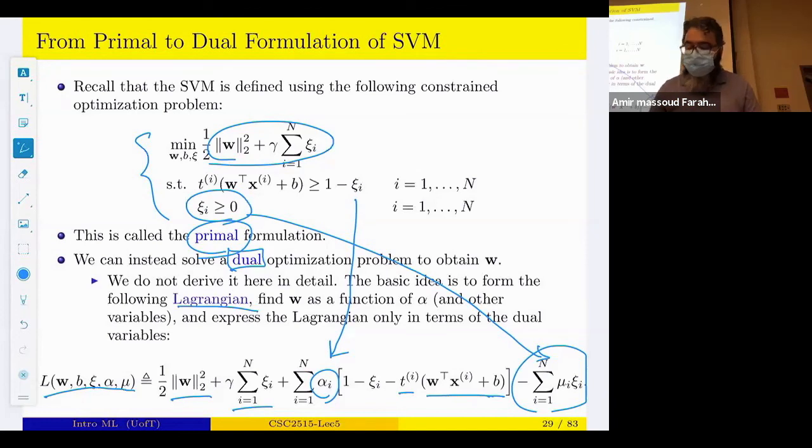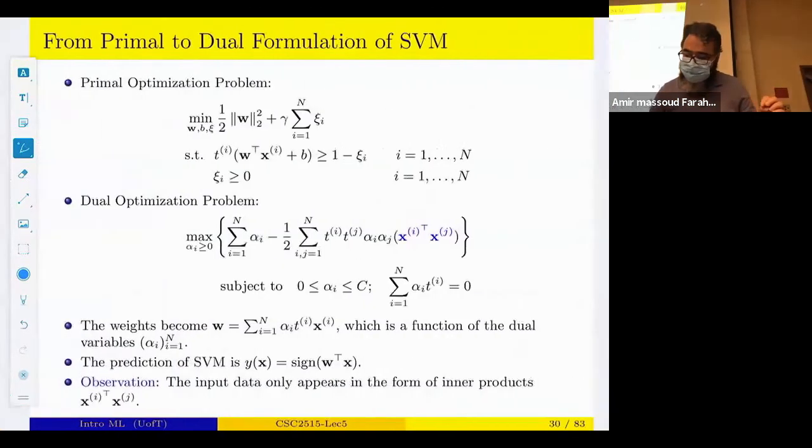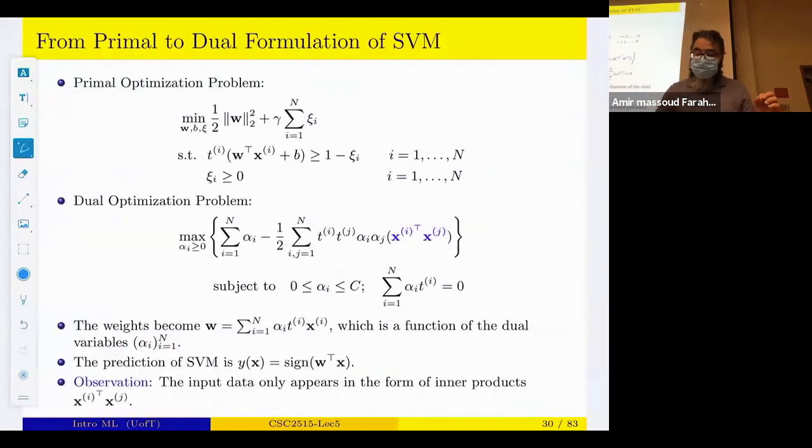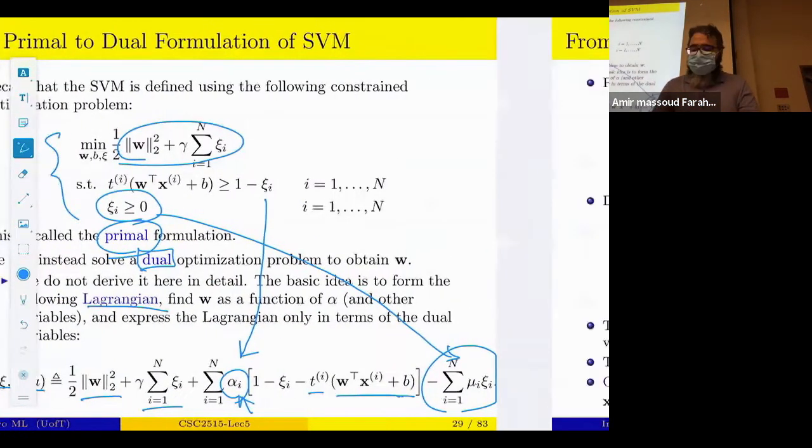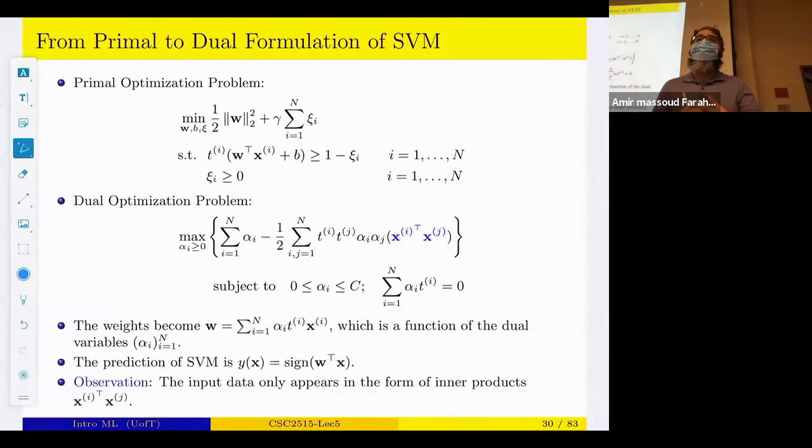And if you do that, you get a formula that relates weights to alphas, these dual variables. And then you can convert the primal optimization to an optimization which only depends on dual variables. So they don't depend on W anymore. So the dual optimization problem looks like this.